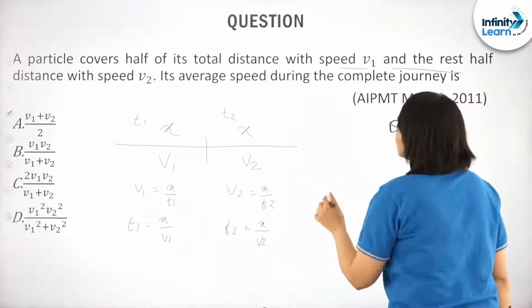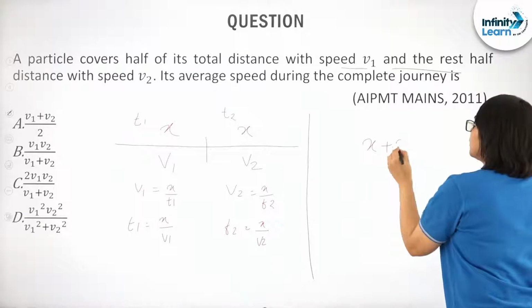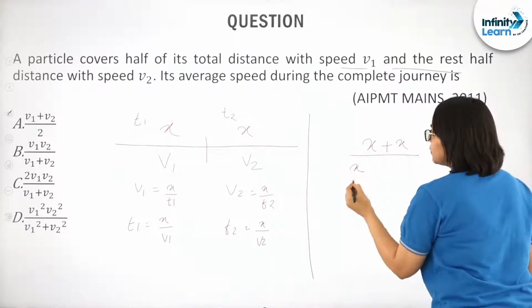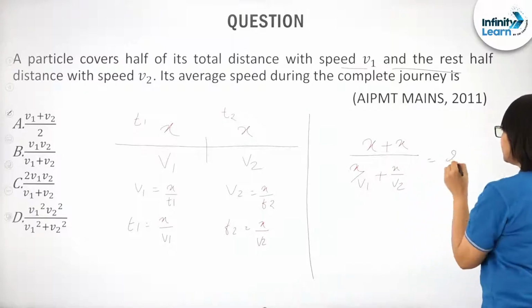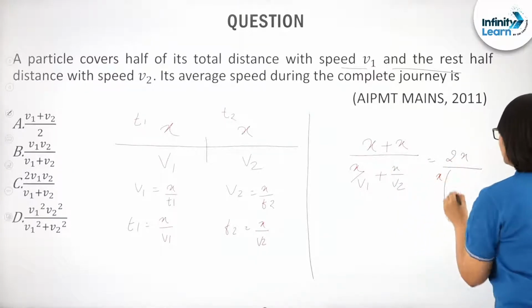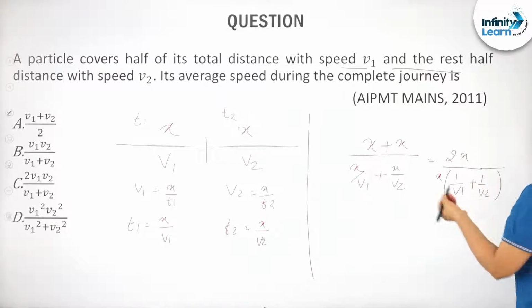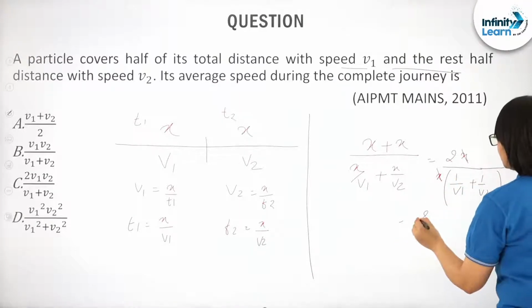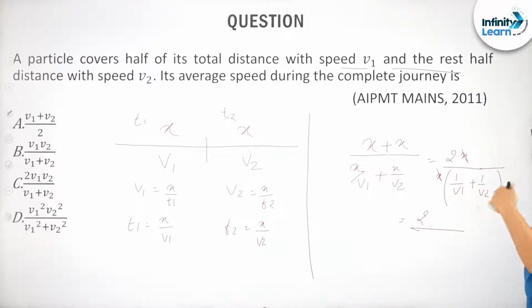So using the average speed formula, total distance divided by total time, that is t1 plus t2, which is x upon v1 plus x upon v2, will be 2x divided by x into (1 upon v1 plus 1 upon v2). This x will cancel this x, so we have 2 upon (1 upon v1 plus 1 upon v2).